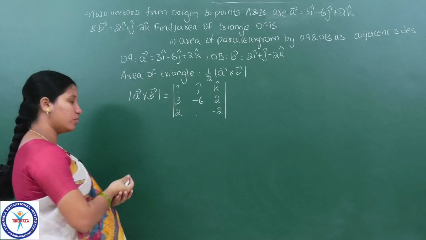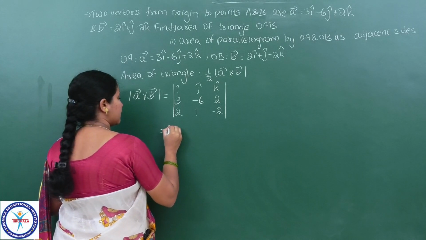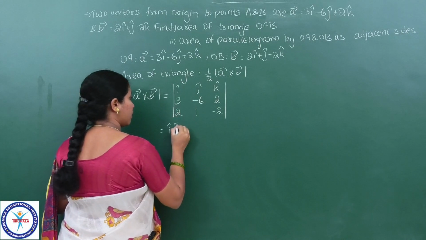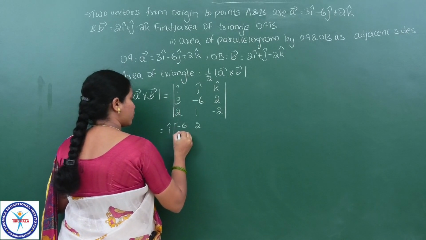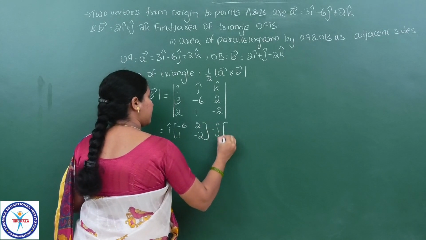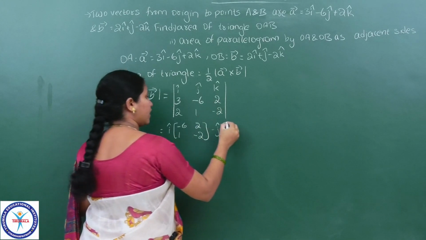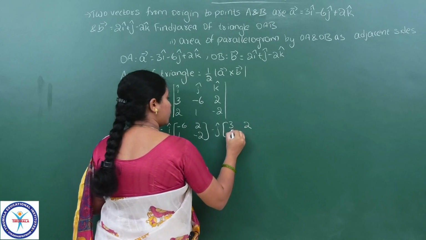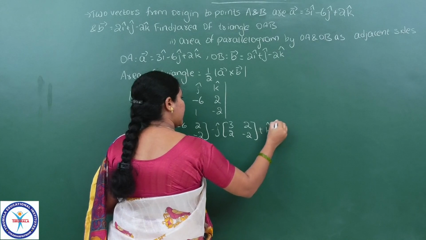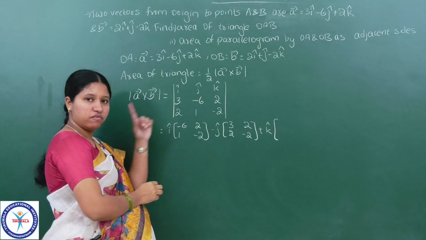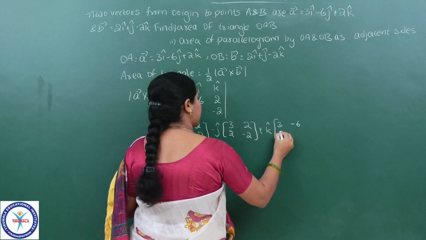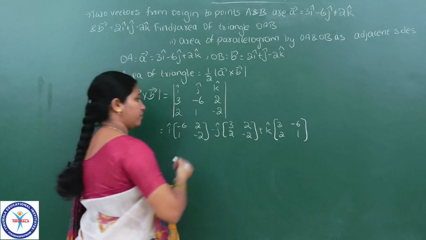Now split it into 2 by 2 matrix, that is i cap into, eliminating first row, first column, we get minus 6, 2, 1, minus 2, minus j cap into, eliminating first row, second column, 3, 2, 2, minus 2, and k cap into, eliminating first row, third column, we get 3, minus 6, 2, 1.